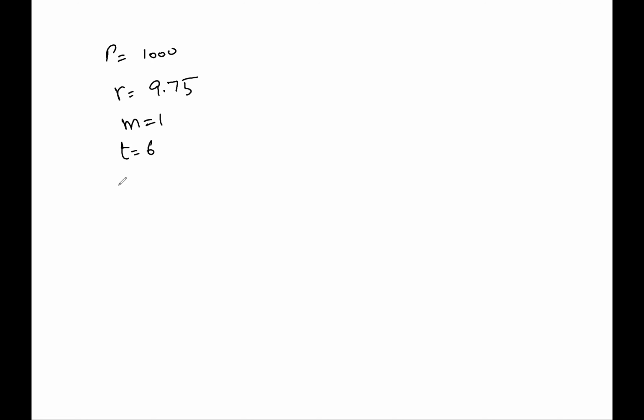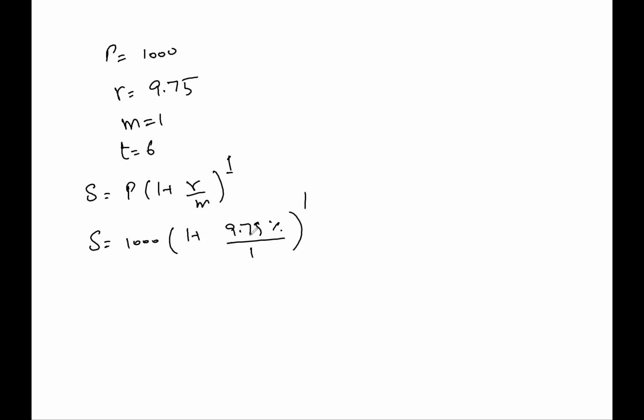S equals P times (1 plus R by M) to the power MT. For the first year, I am writing T equals 1. So P is 1,000, times 1 plus 9.75% divided by 1, raised to power 1. You will get, let's say, S1. Understand?